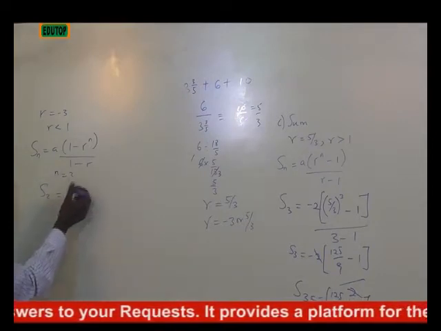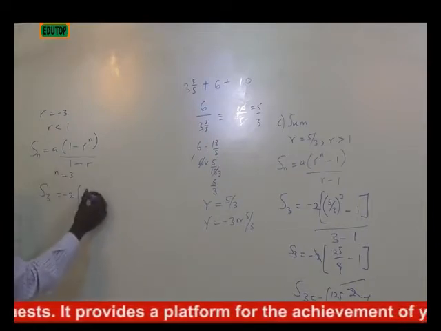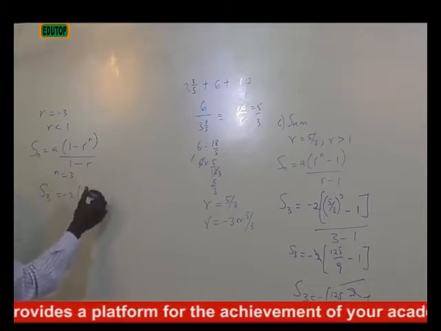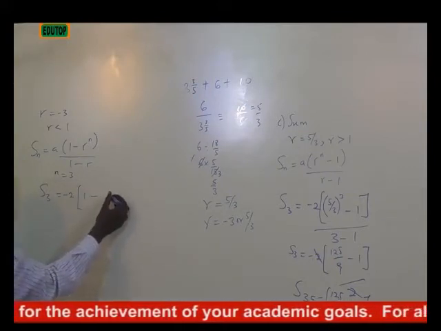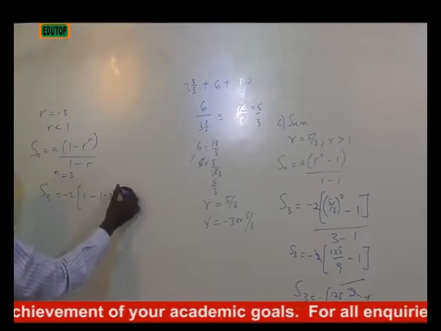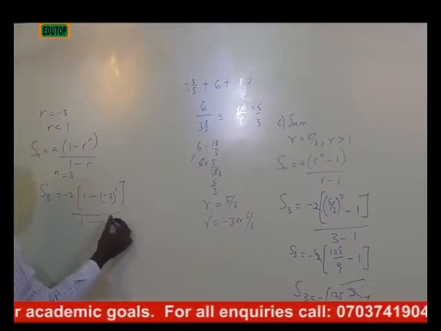Our A from the question is -2. Then 1 minus R. What is our R? Our R is -3, raised to power 3, over 1 minus -3.